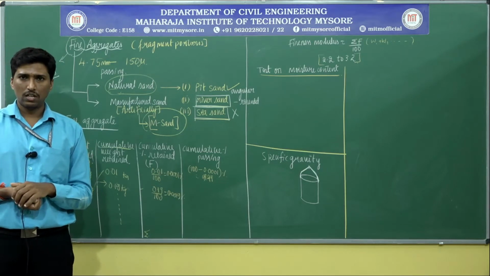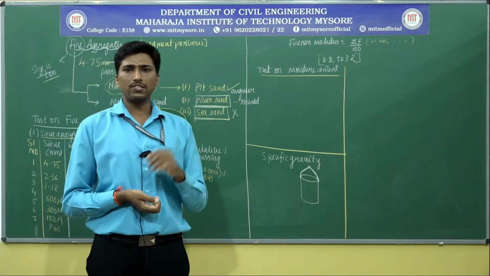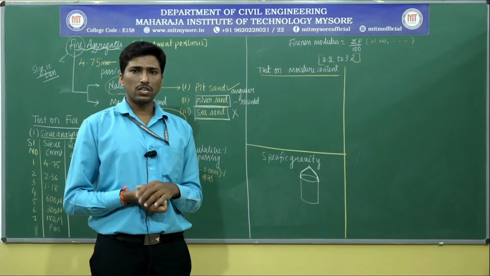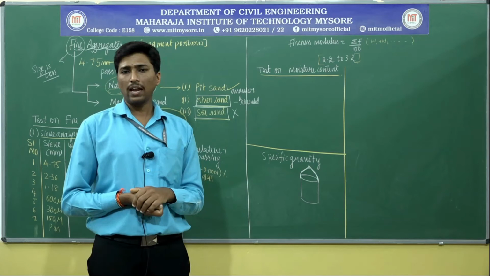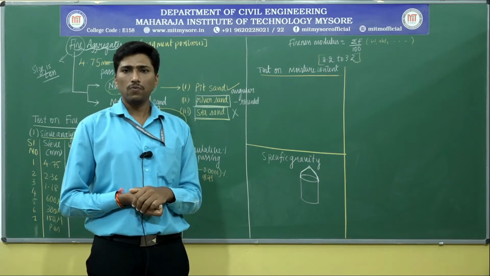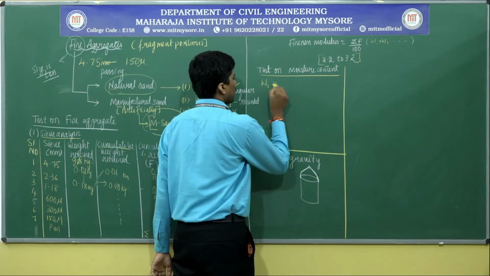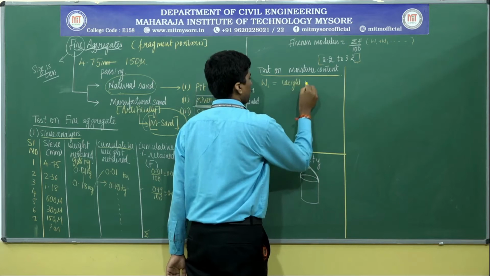Therefore, the weight of an empty tray, then the weight of the empty tray plus the wet aggregate, you take as W1 and W2. Next, subject it to a hot air oven for a period of 24 hours. W1 is equal to the weight of the empty tray.